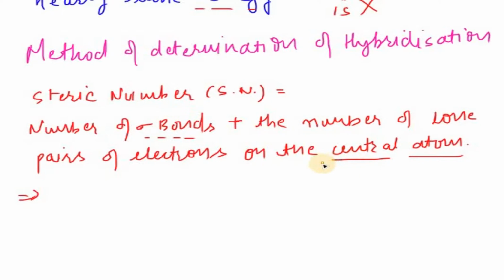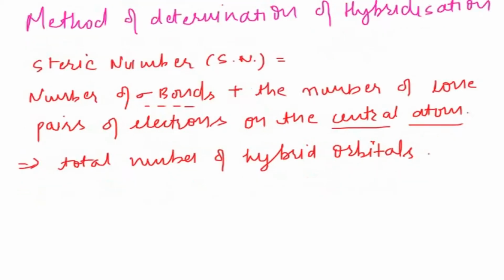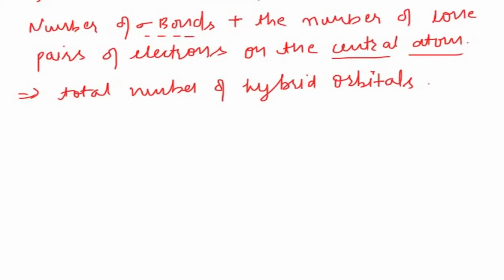The steric number gives the total number of hybrid orbitals.